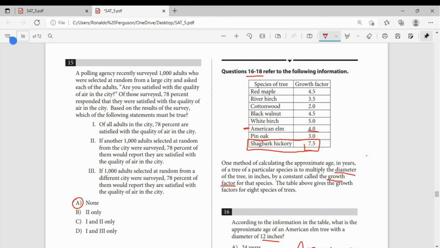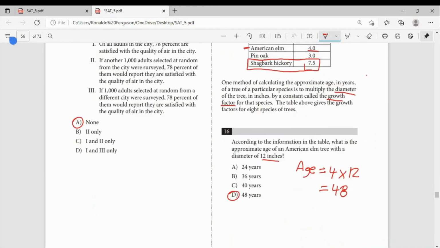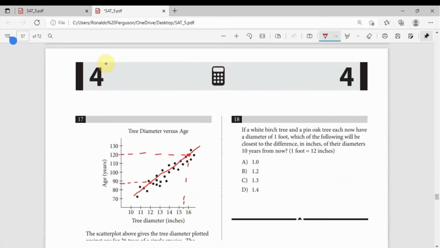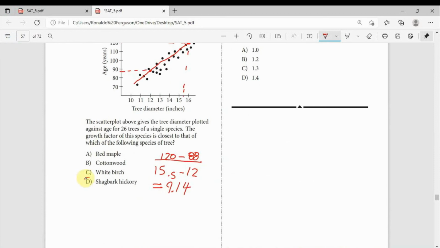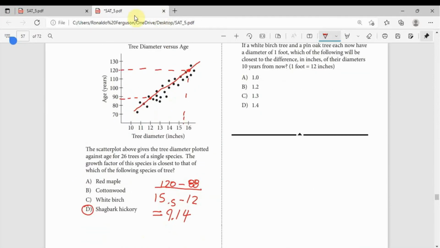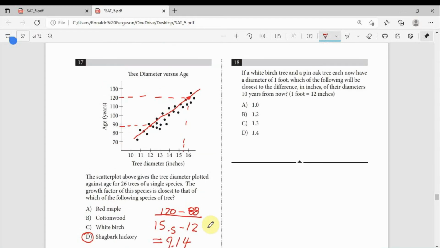So that would be the shagbark hickory. So that's the shagbark hickory. All right. 7.5 should be the actual gradient. So if you were to actually use a perfect line of best fit that's going to pass through somewhere down here, you're going to get 7.5. So all you have to do was find the line of best fit. Good at that?